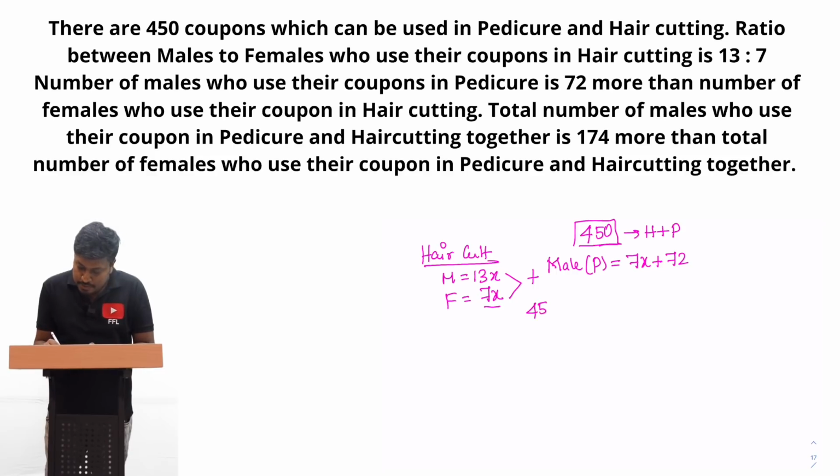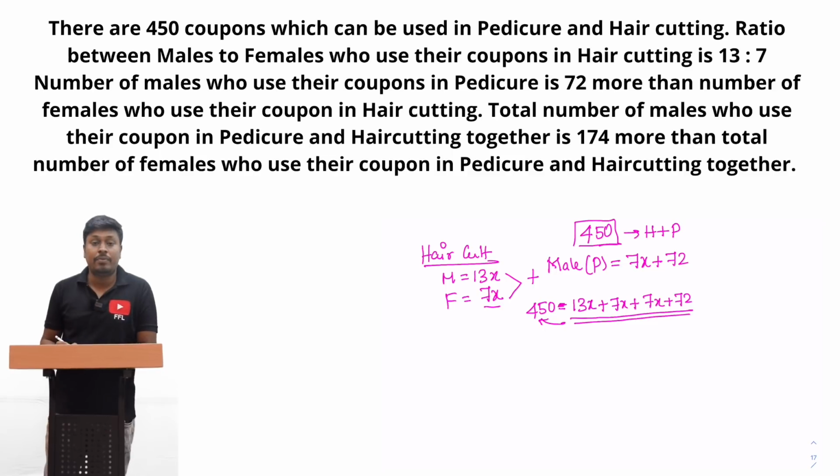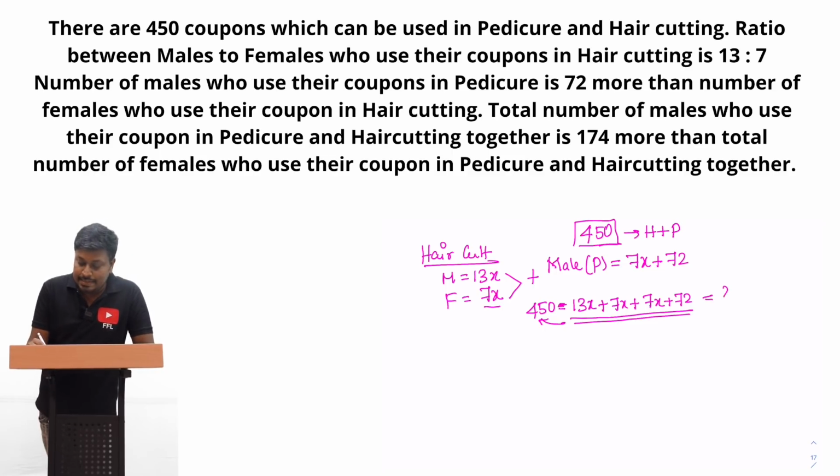So 450 is the total. Out of this total 450, if you add hair cutting male 13x, hair cutting female 7x, plus male pedicure 7x plus 72, and subtract from 450, the resultant answer will be the female pedicure.